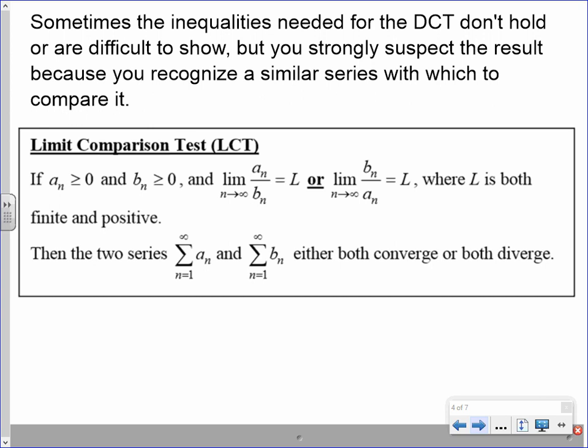I'm going to tell you right now that this test is the best for rational sequences inside of our sum.